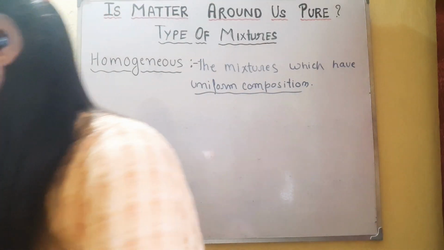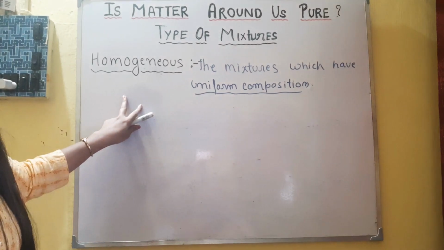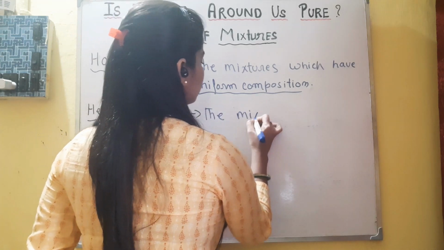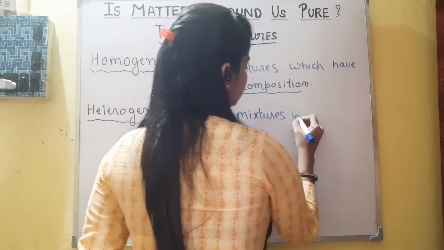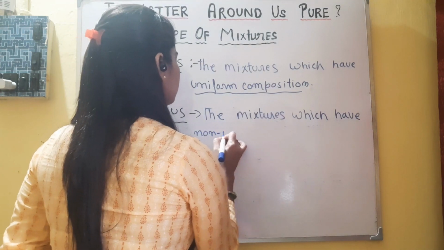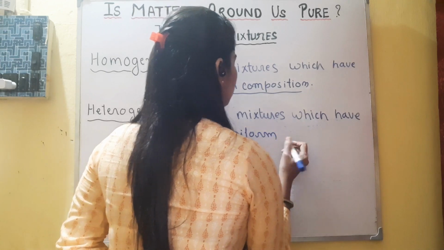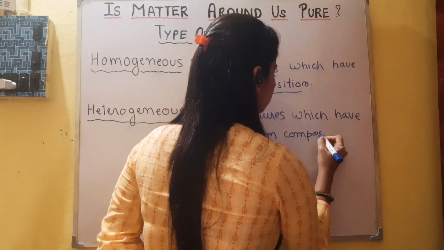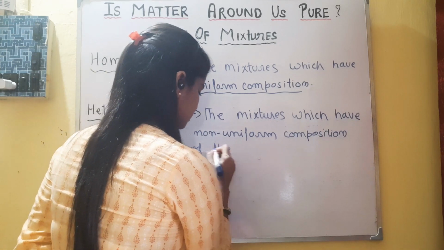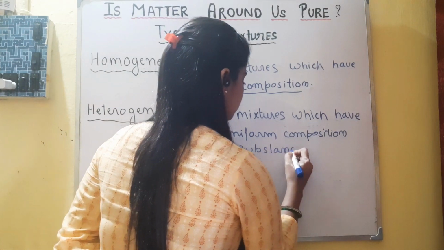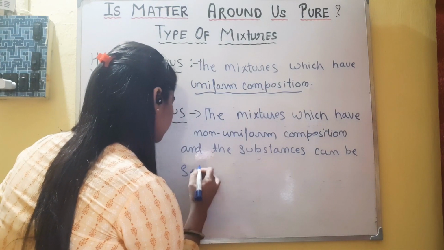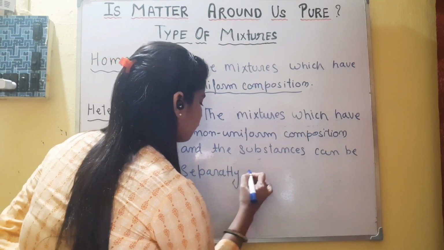So this is a heterogeneous mixture. A heterogeneous mixture is a mixture which has non-uniform composition, and the substances can be separately visible.